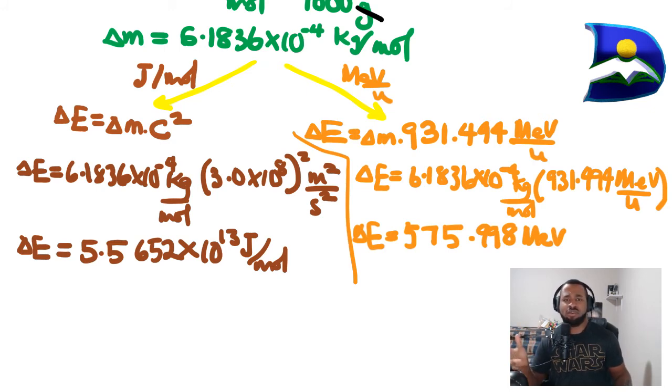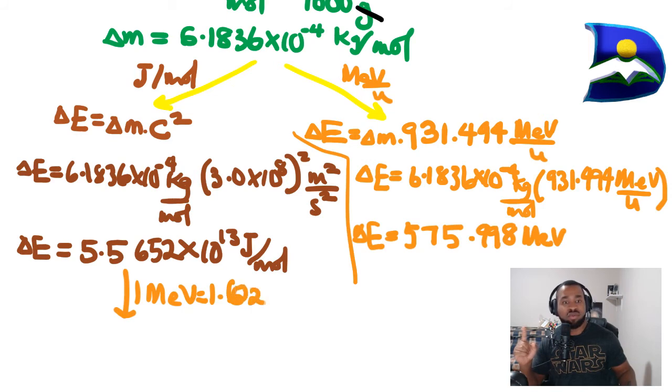Because of course one is mega electron volts and the other is in joule per mole. The cool thing about this is that you can actually convert these to mega electron volts. What we know is that 1 mega electron volt is equal to 1.6022 times 10 to the negative 13 joules.